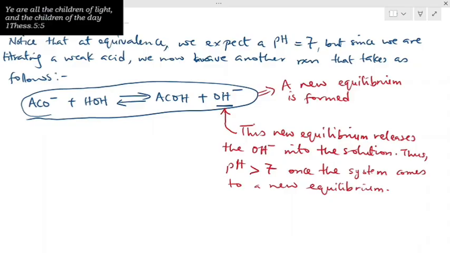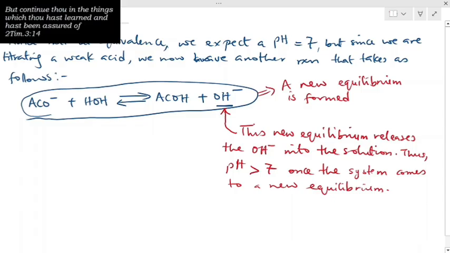This is because at equivalence, we have converted all of the acid to acetate. Now there is no more acetic acid, all of the acid has been neutralized, and there is no free floating acid as represented by H plus, as all of it has been ripped off, and all we now have in solution is what? The acetate.